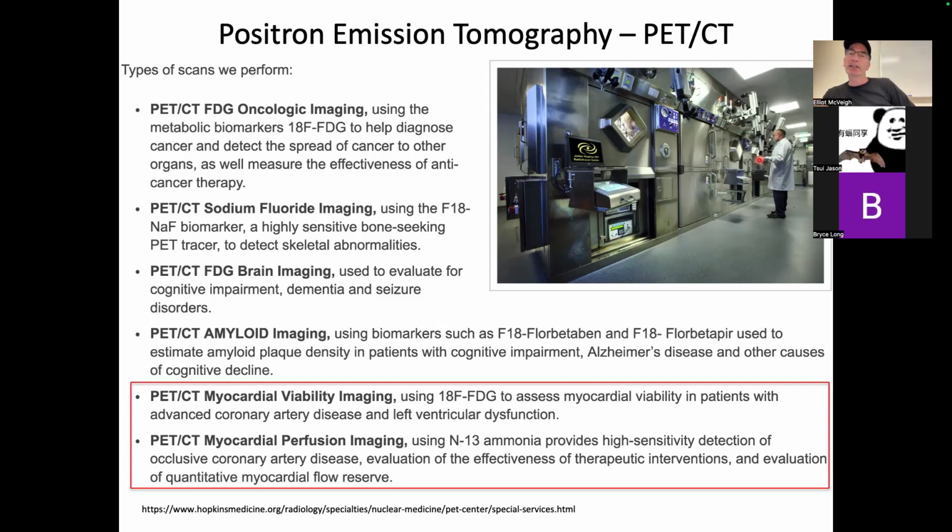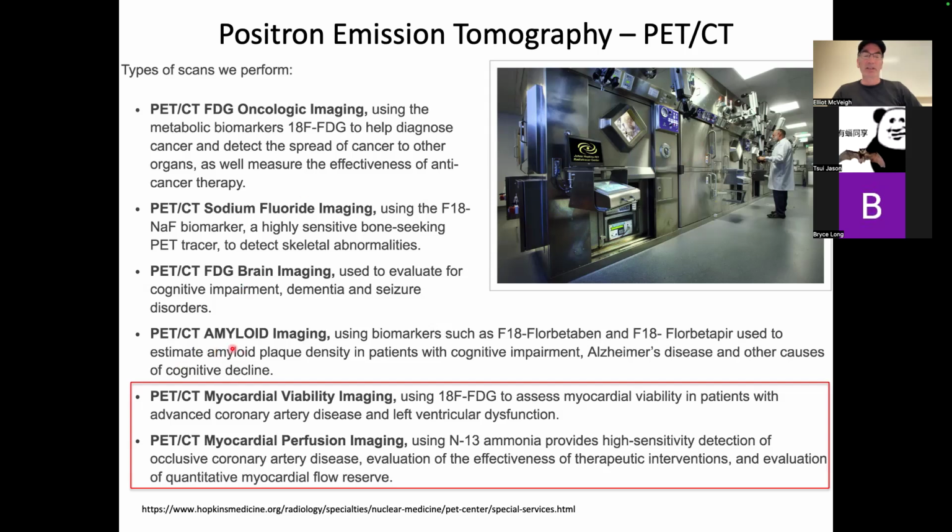Normally there's some kind of rapid transit from this location to the scanner. There could be one of those vacuum tubes, and the stuff goes down the hall really fast, depending. If you're doing O15, obviously you need that.